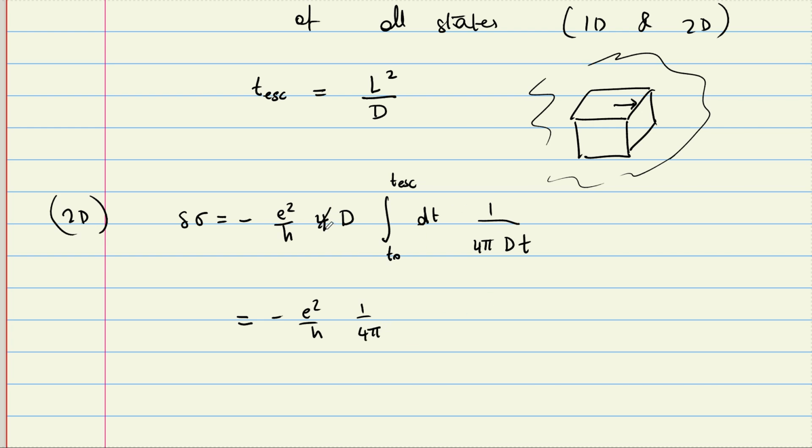I think let me cancel these. Also cancel that. So that 1 over pi. I think I have missed a factor here. So this is ln T escape divided by T naught. And for T naught, I'm going to let T naught go to the scattering time tau.